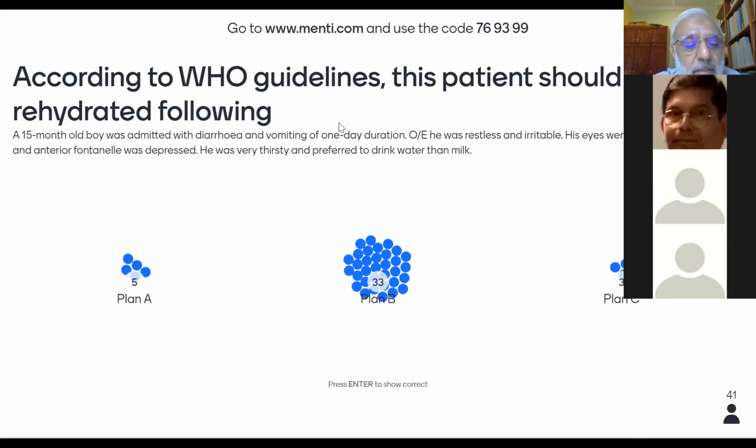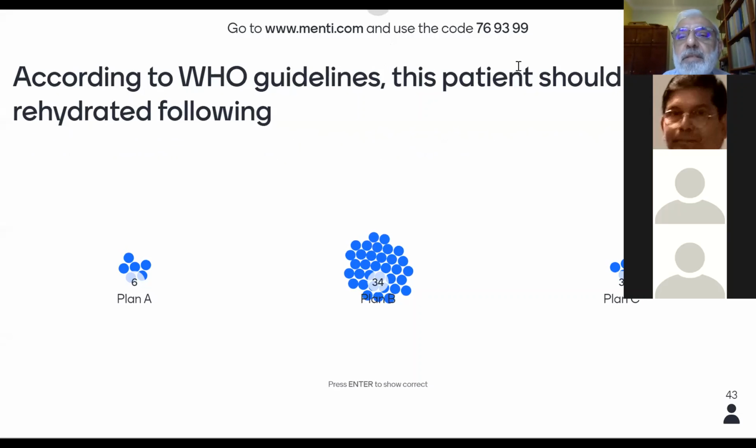They prefer to have teaching sessions based on this form of TBL rather than lectures. Right, I'll stop sharing this and we will move forward to the rest of our session.